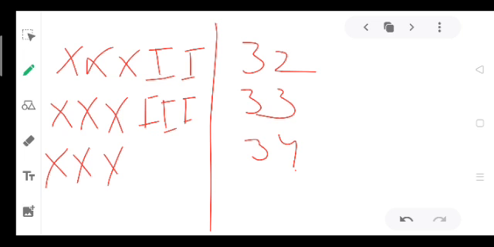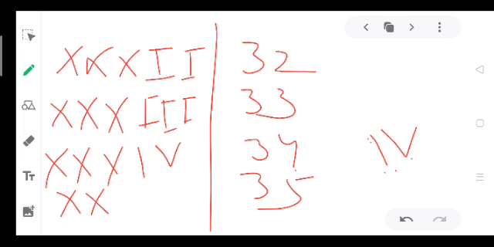I told you which symbol? 5 and minus 1, so IV. IV. 35: 3 times X and V.